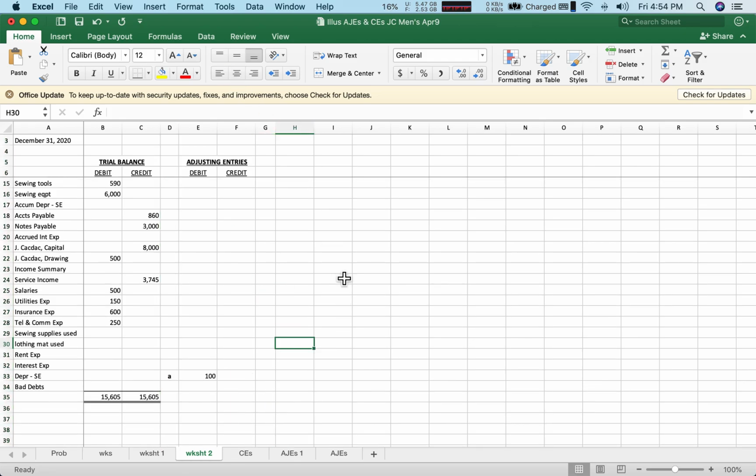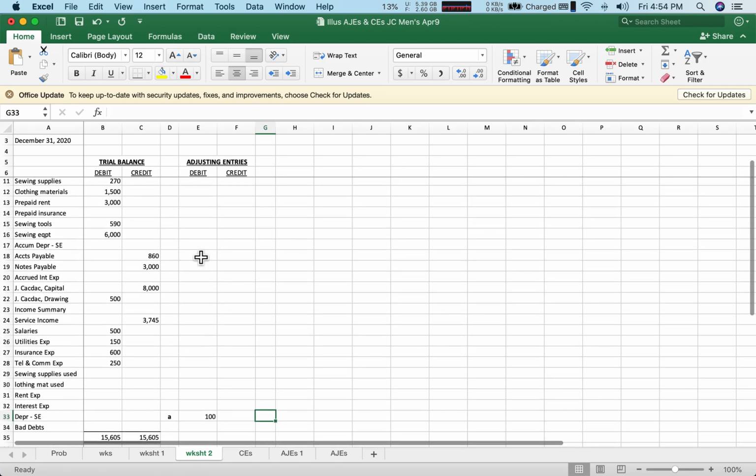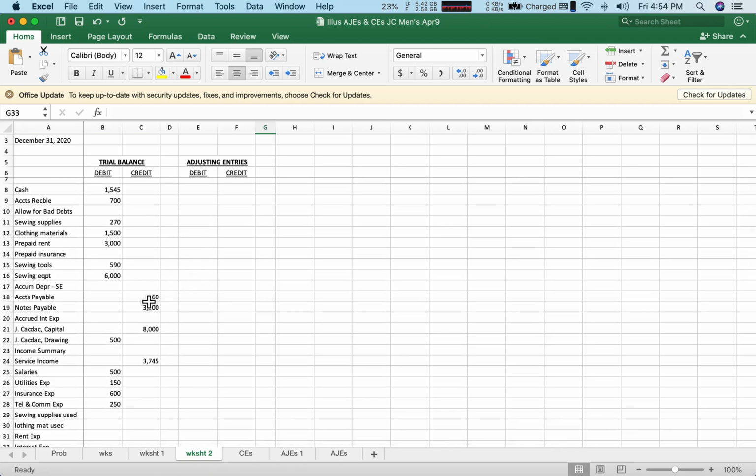Okay. And then this one too, the center. Okay, so debit is depreciation 100. Credit is accumulated depreciation. Credit, we look for accumulated depreciation. This is 100. So this is letter A.